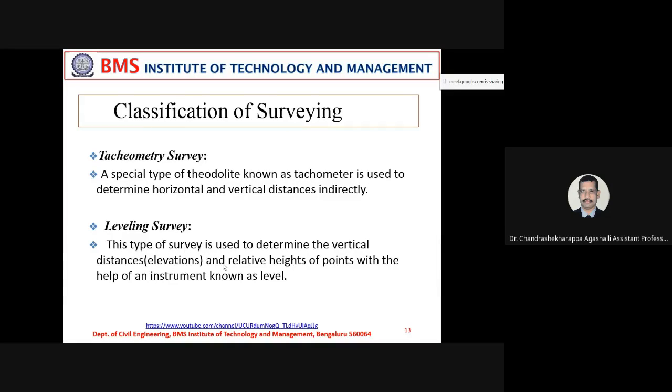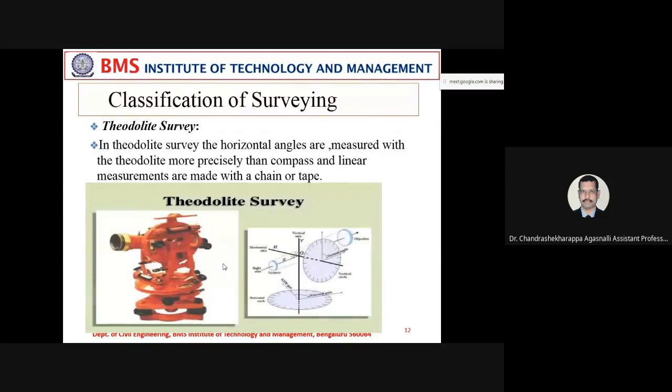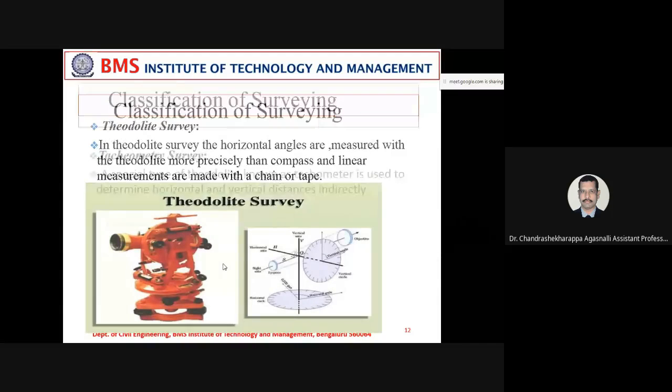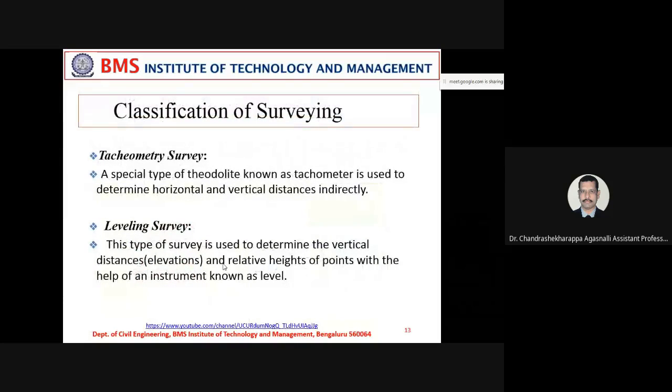It's a special type of theodolite known as a tachymeter, and it's used to determine horizontal and vertical distance indirectly. Here, the theodolite gives horizontal angles, but the tachymeter gives horizontal and vertical distance, so you can do that.